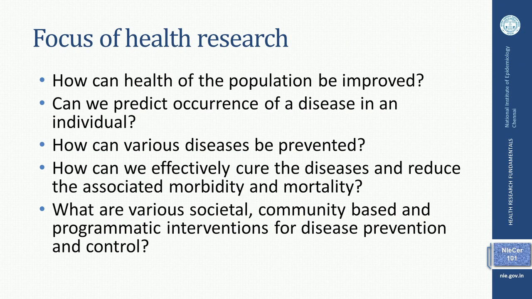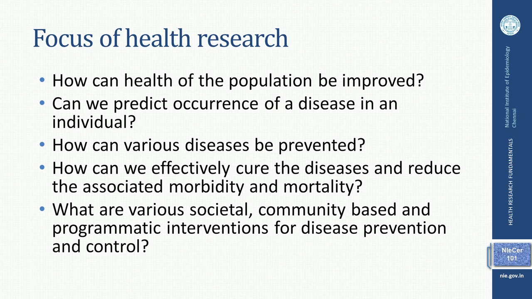So, when we are doing health research, we have to have some kind of orientation towards either promoting behavior or promoting health, then preventing disease and also preventing mortality. So, how can we do that? How can the health of the population be improved? This is something like a direction that we have to think about. How can we predict occurrence of a disease in an individual?